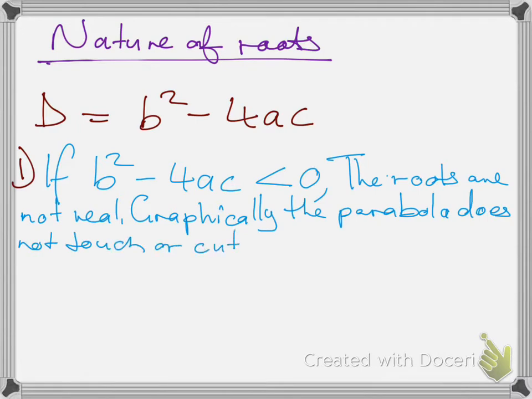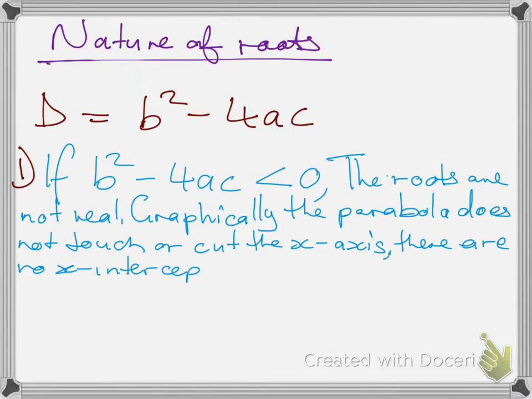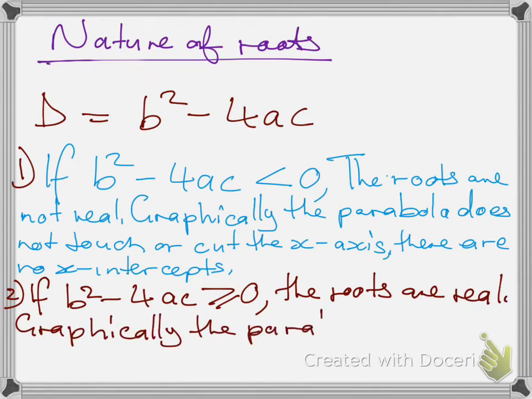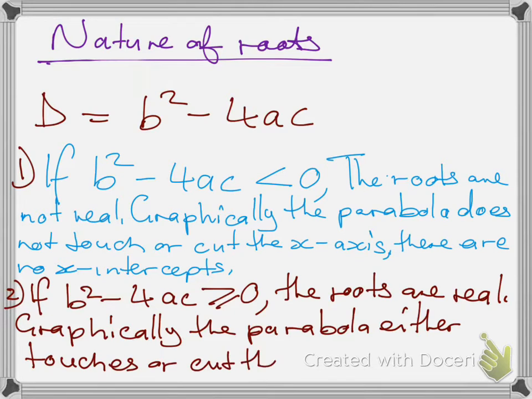If b squared minus 4ac is greater than or equal to 0, then the quadratic equation has real roots. This is general. The graph will have either one x-intercept or two x-intercepts.